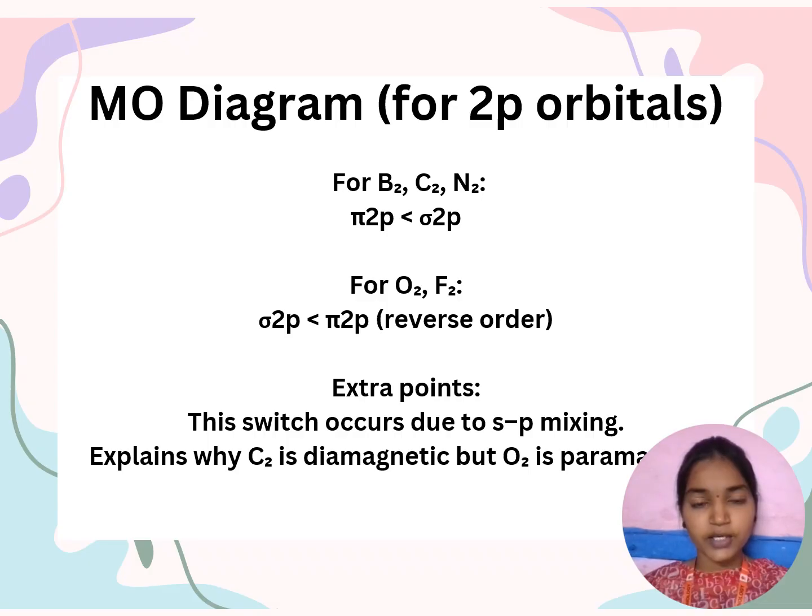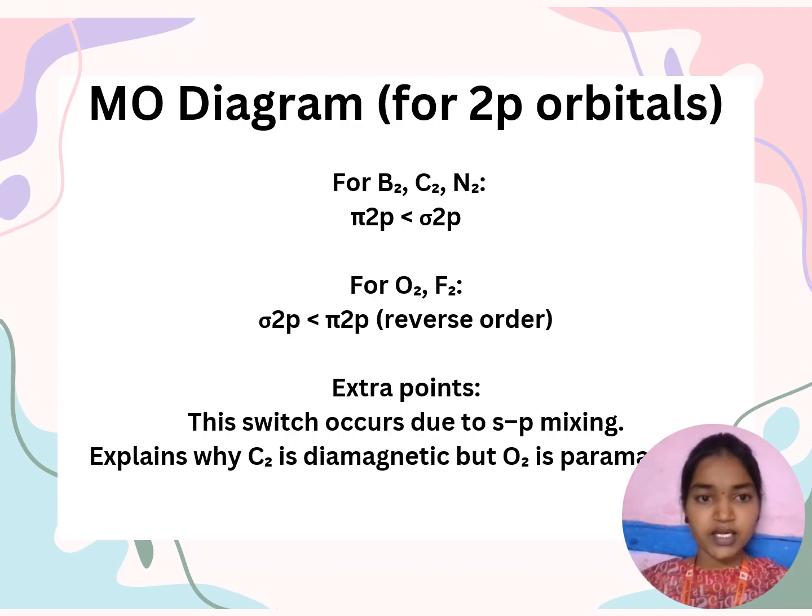Molecular orbital diagram for 2p orbitals. In second period diatomic molecules, the 2p orbitals have different energy ordering depending on the atomic number. For B2, C2 and N2, the order is pi 2p is less than sigma 2p. For O2 and F2, the order changes to sigma 2p is less than pi 2p.